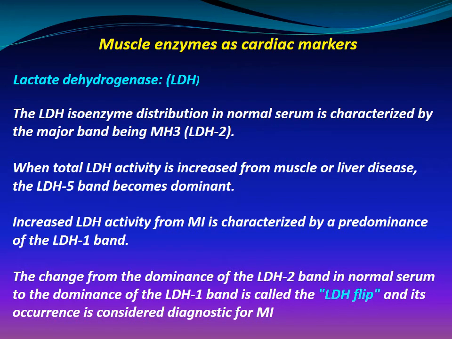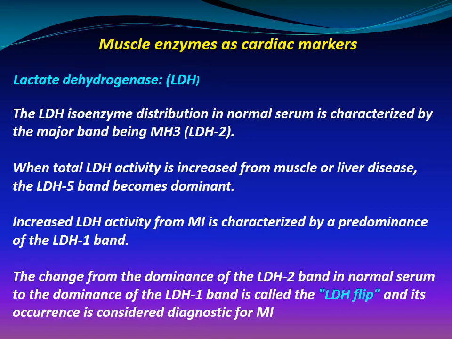Muscle enzyme as cardiac markers, lactate dehydrogenase. The LDH enzyme distribution in normal serum is characterized by the major band being MH3 or LDH2. When total LDH activities increase from muscle or liver disease, the LDH5 band becomes dominant.